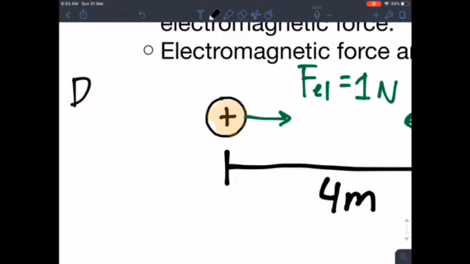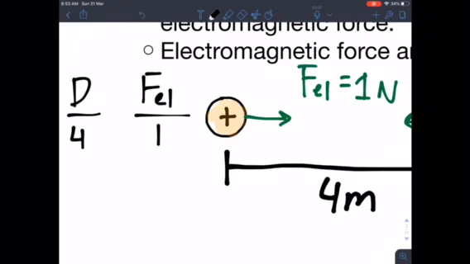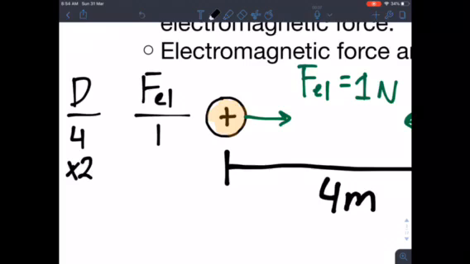So let's say we've got our distance here, and let's say we've got our electrostatic force here. At a distance of 4 meters, we had a force of 1 Newton. Now, if we double the distance, we are going to quarter the force, okay?